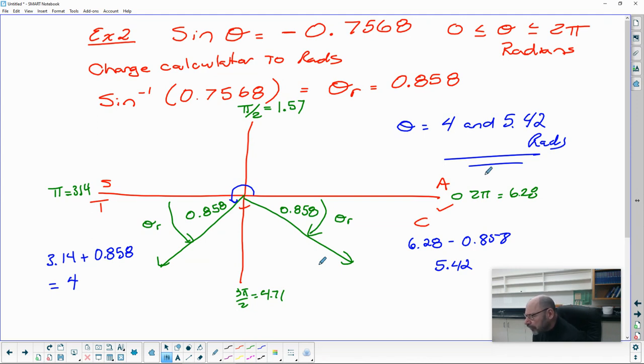So those are two examples, and the third and final example we want to do is what about if you have a value where you're dealing with secant, cosecant, or cotangent? How do you deal with that?